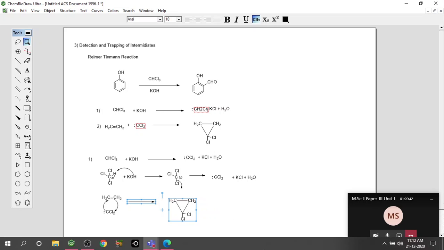From that you can say that this reaction involves the formation of carbene as the intermediate, and you can easily determine its mechanism by detecting and trapping the intermediate.